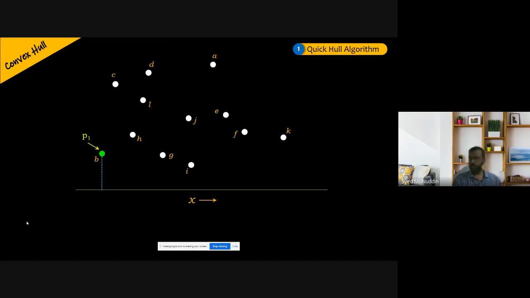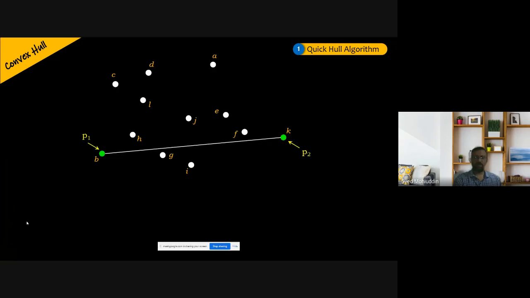And on the extreme right end we have K, and let us call this point K as P2. Then a segment is drawn between these two extreme points, P1 and P2. So this is like a line drawn.